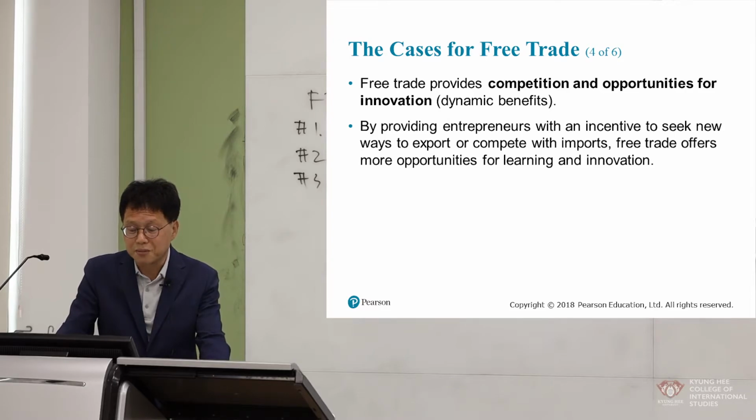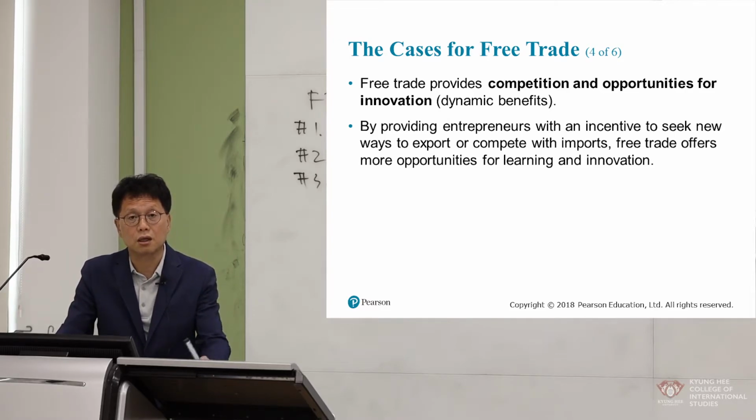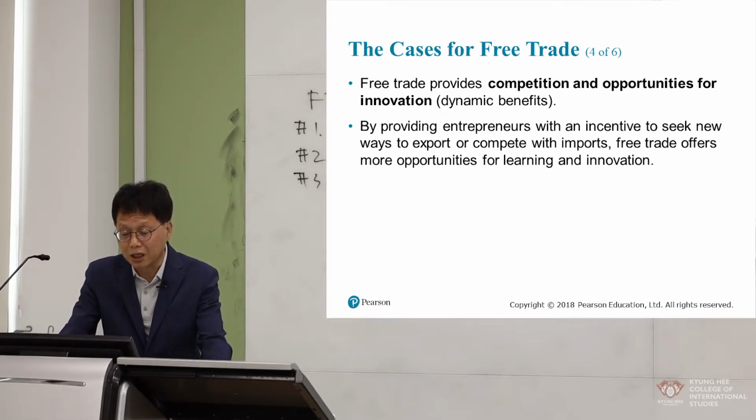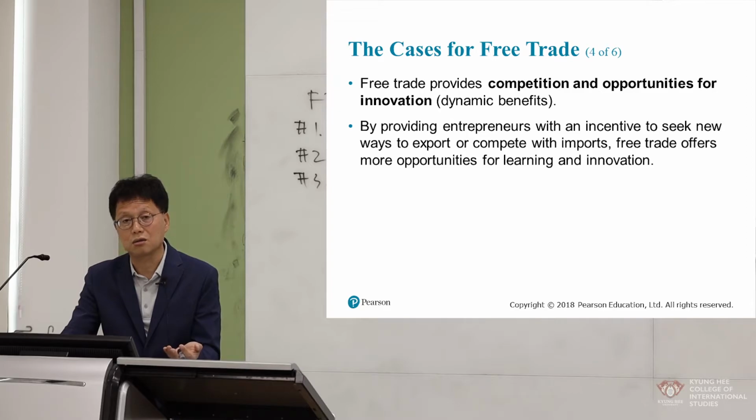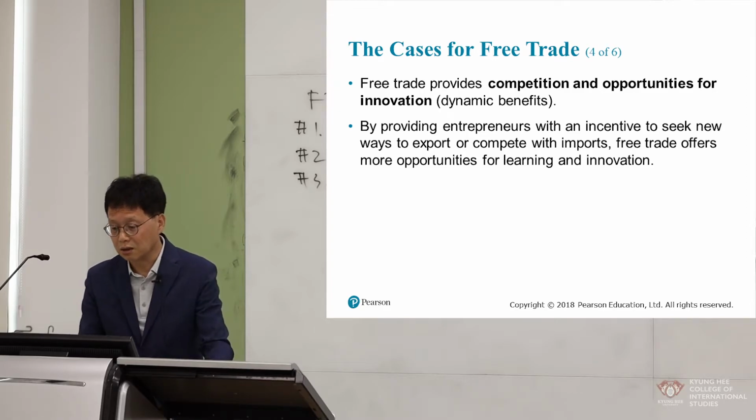Companies have to compete with foreign companies, foreign imports. Okay? So to survive in the market, companies do their best, right, under the pressure of competition. In this situation, firms' efficiency increases, right? Or technology level increases. Can you understand? And the same thing happens with opportunity for innovation.